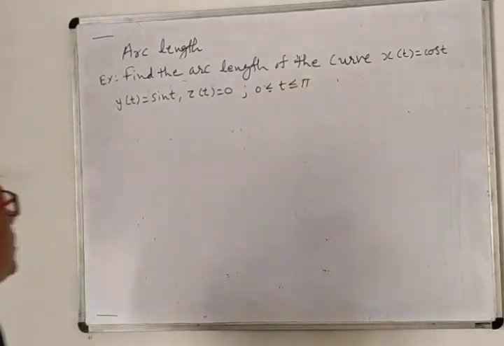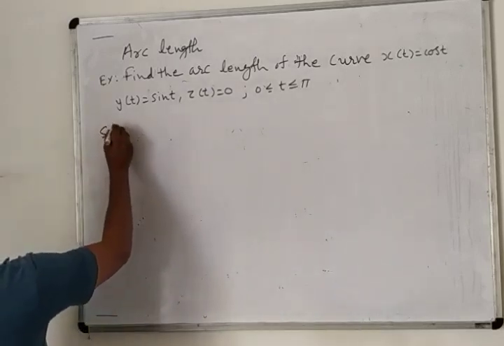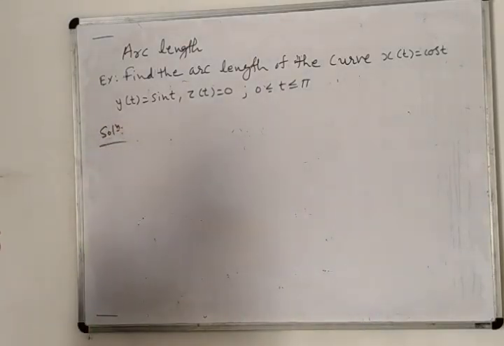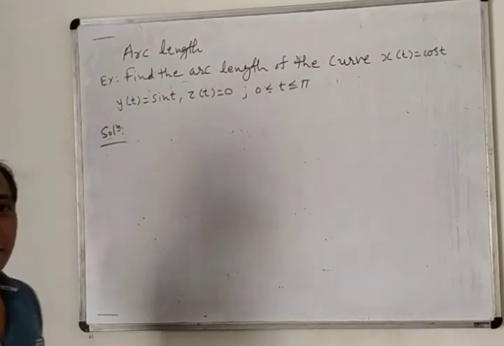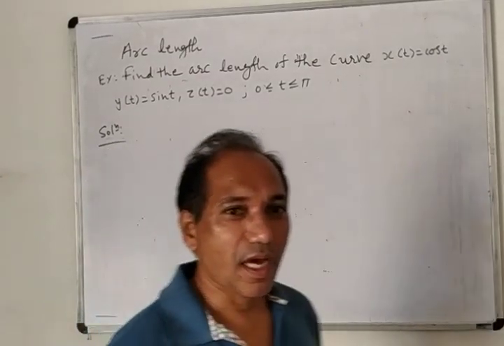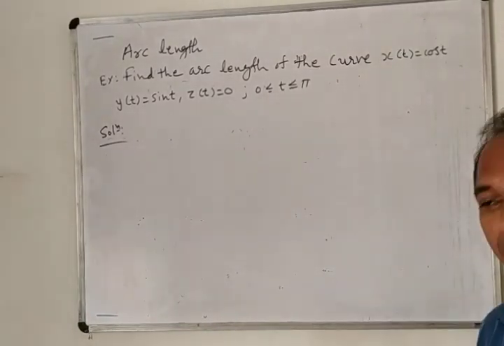So this is the semicircular arc and we want to find its length. Solution. Here, instead of r bar t, we are given x(t), y(t) and z(t) separately, but we know that r bar t equals x(t)i plus y(t)j plus z(t)k.